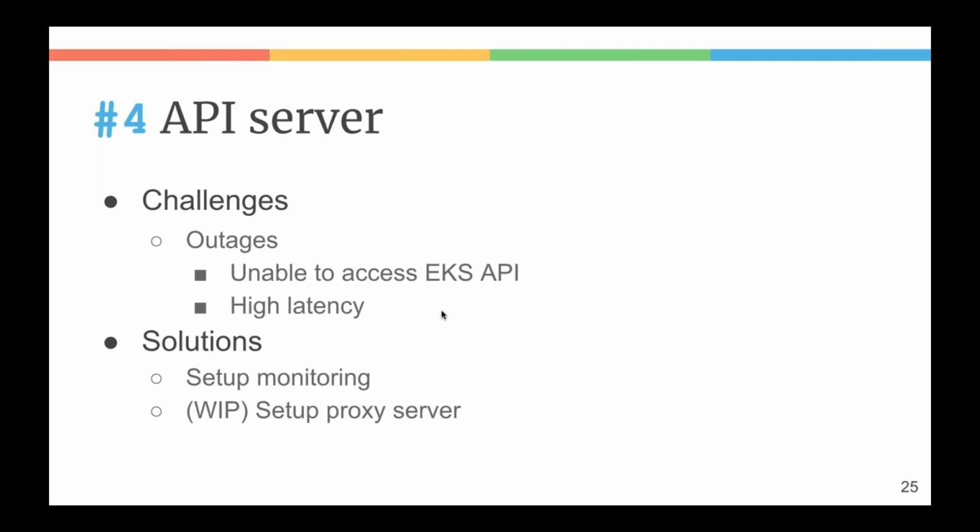Since we don't have the permission to change some configuration or do further tuning, the first thing we did was set up monitoring, collect the metrics, set alerts, and create dashboards. Another thing we are trying to do is put up a proxy server in front of the EKS API server, because we want to do some rate limit checks and some filtering, but this is still in process.